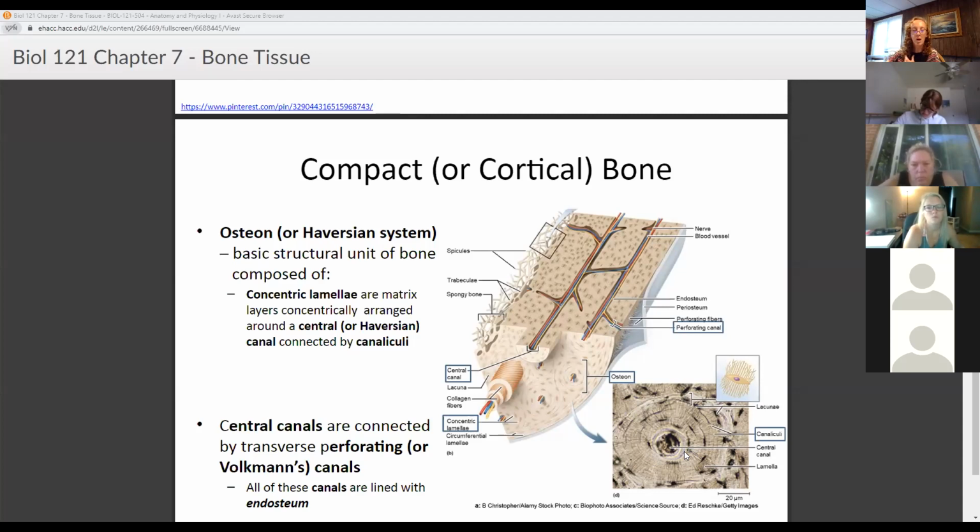So the concentric lamellae are wrapped around the central canal. Within each of the lamellae, there are osteocytes living in the lacunae. If you see the little black spots here, those are lacunae with the osteocytes living in them.